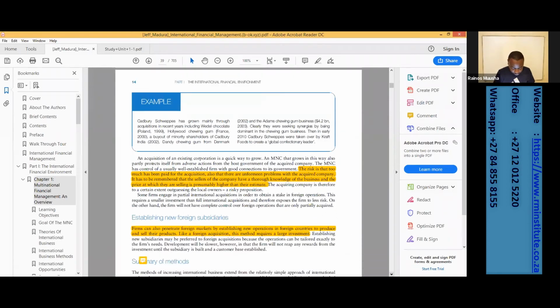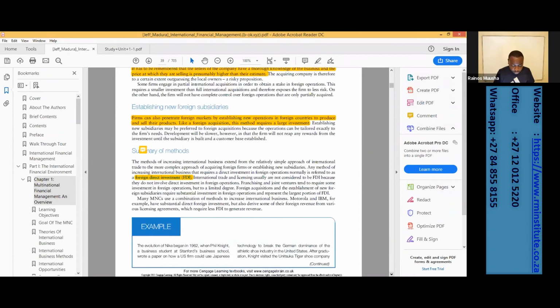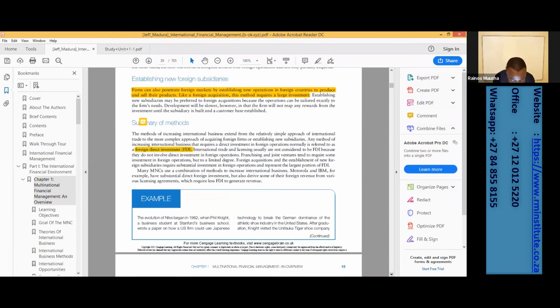Next, we look at establishing new foreign subsidiaries. And here they say, firms can also operate foreign markets by establishing new operations in foreign countries to produce and sell their products. So like a foreign acquisition, this method requires large investments.